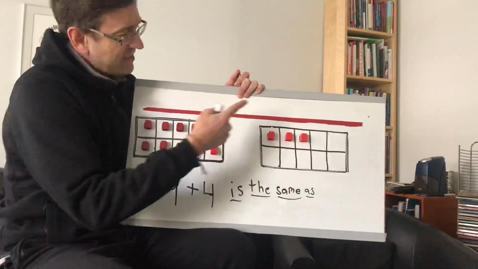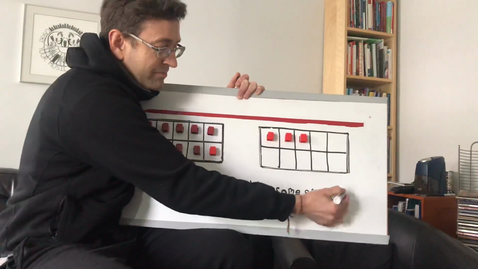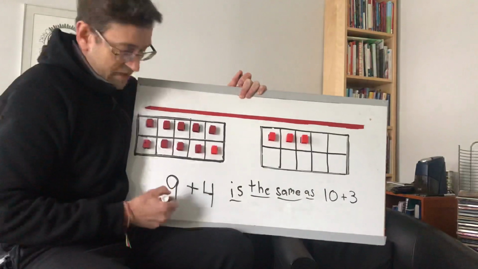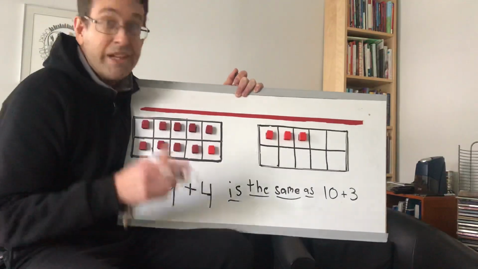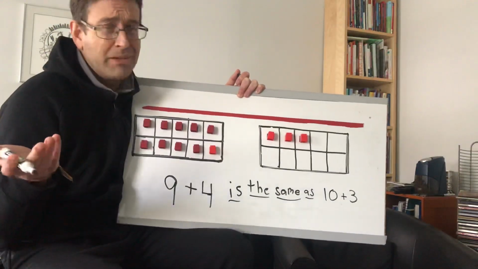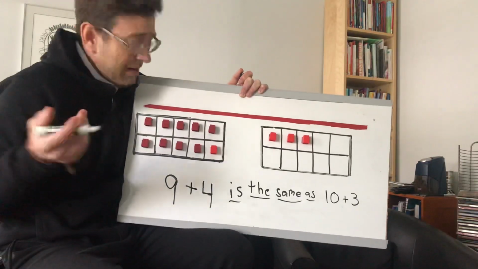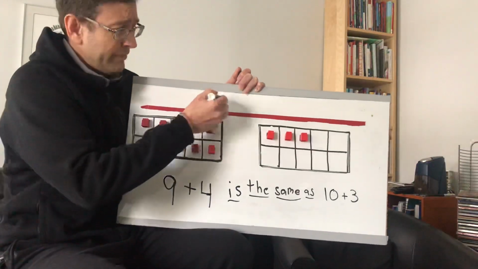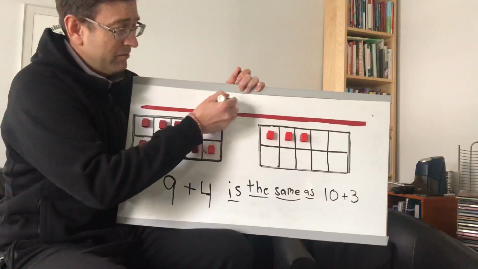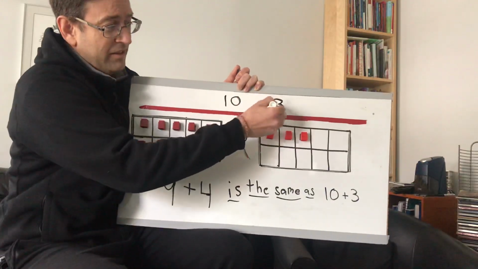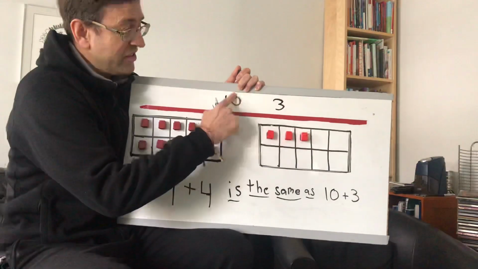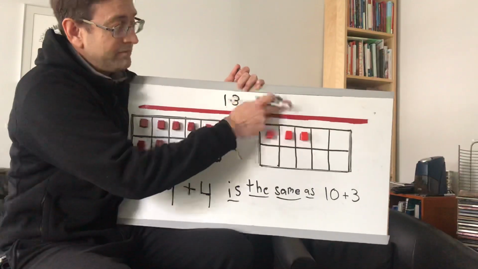It's the same as 10 plus 3. So 9 plus 4 is the same as 10 plus 3. And we already know when it's 10 plus 3, we don't really need to add because 10 plus 3 is 13. Remember? 10 and 3. You take that 3 and you hide the 0 and it's 13.